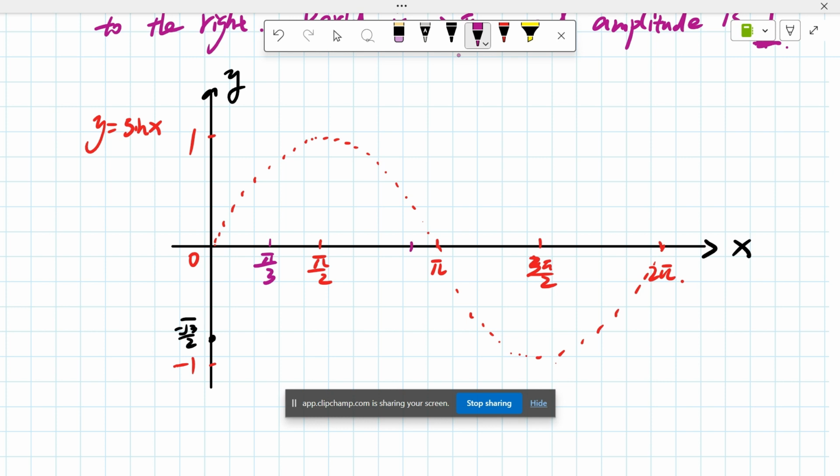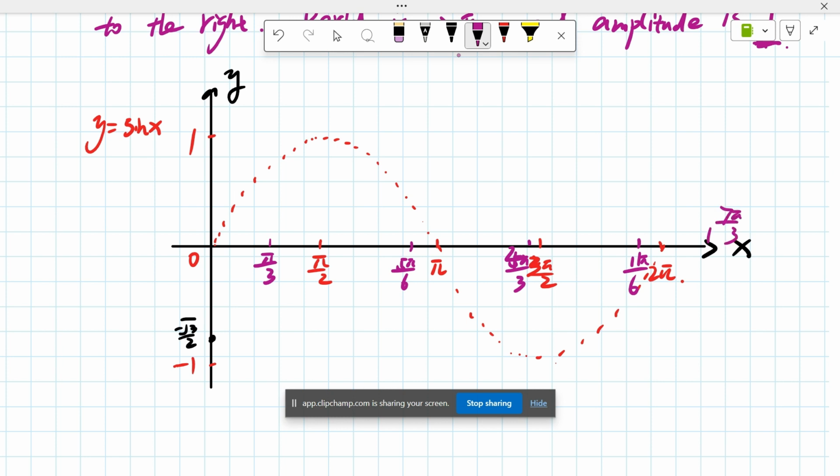So 5 pi on 6 is going to be the next one. And also you're going to go with 4 pi on 3, and then the next one will be 11 pi on 6. And the next one will be here, 7 pi on 3.